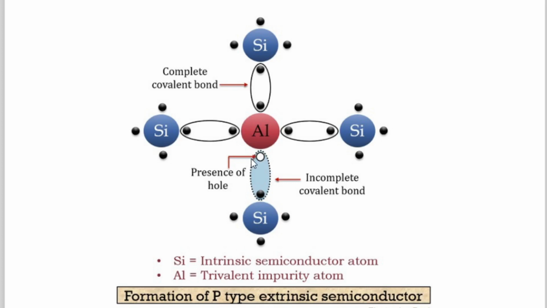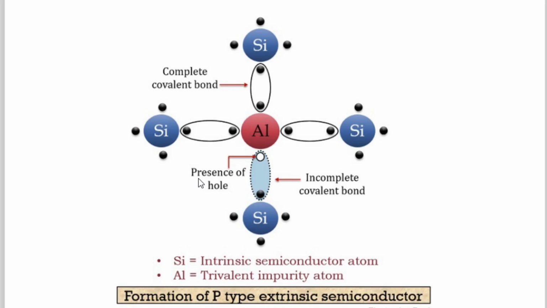Presence of a hole. Vacancy of an electron is indicated as the presence of a hole, and therefore all these bonds are called complete covalent bonds, and this is an incomplete covalent bond, and the vacancy of an electron is called a hole. Therefore it is said that hole is an imaginary concept.